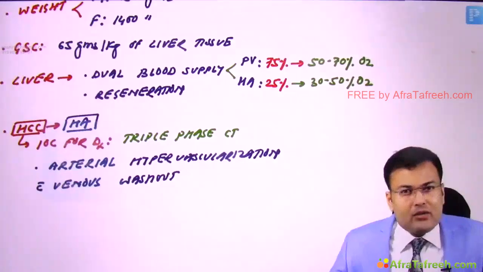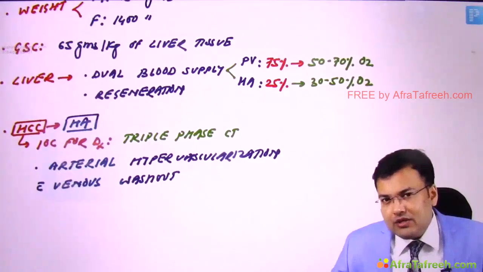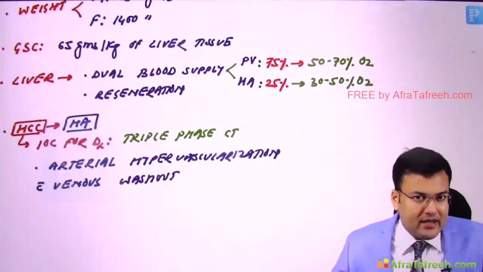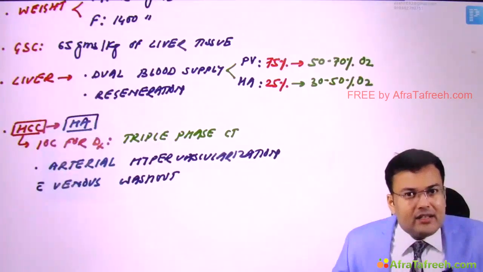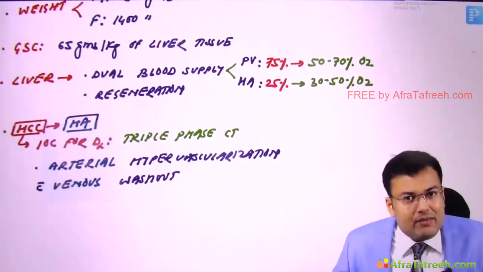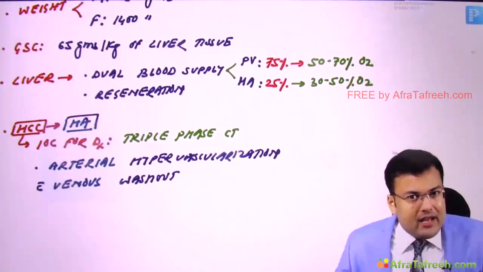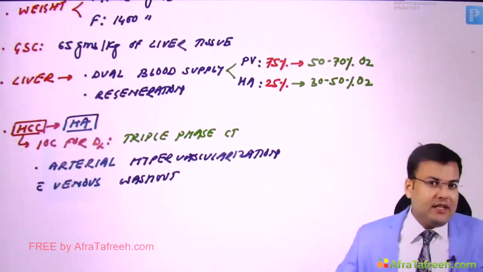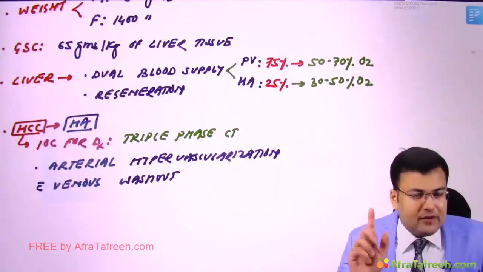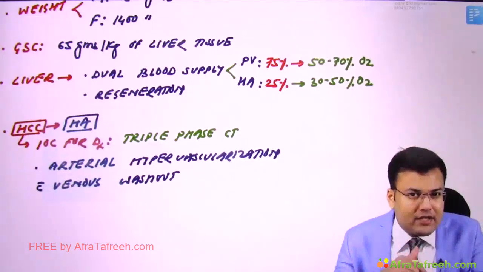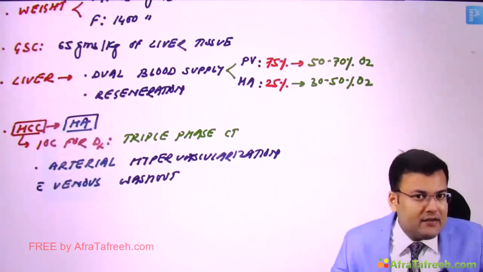Now, hepatocellular carcinoma is exclusively supplied by branches of hepatic artery. So in the arterial phase, the HCC will appear whiter, more white, right? And if you take the cut section in the venous phase, there is washout of contrast. So how many phases? Three. First we took the section in non-contrast phase, then arterial phase, and then venous phase.